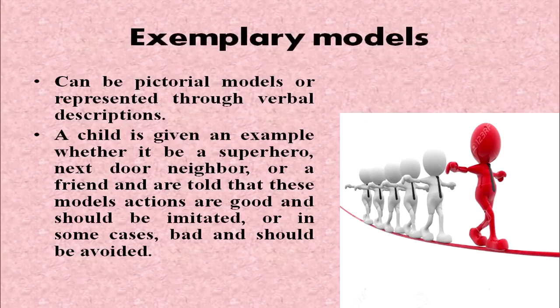Exemplary models can be pictorial models or represented through verbal description. A child is given an example whether it be a superhero, next door neighbor or a friend and is told that these model actions are good and should be imitated or in some cases bad and should be avoided. Exemplary models are like Sachin Tendulkar, PT Usha, etc.